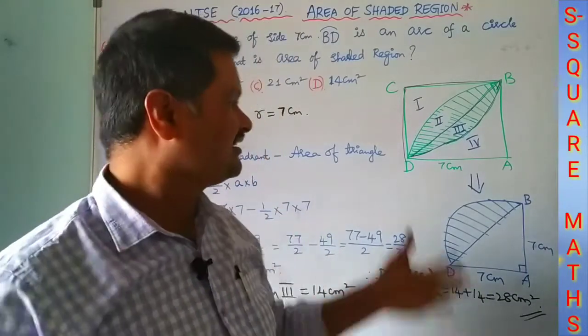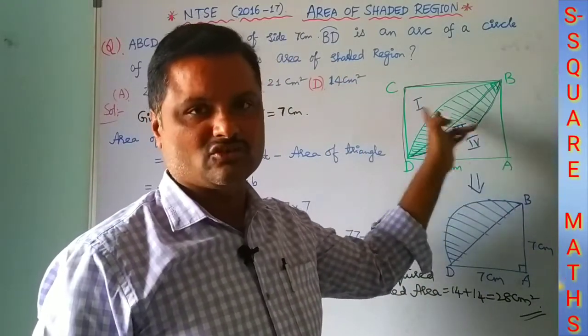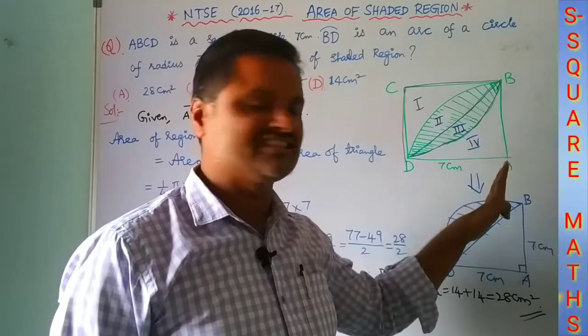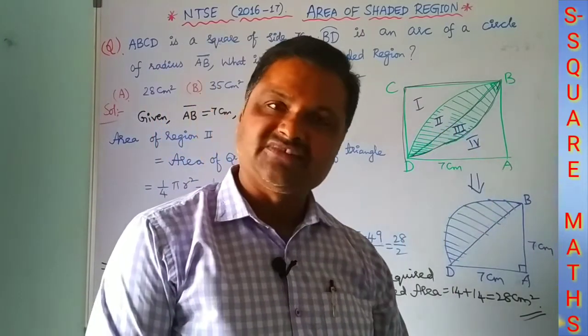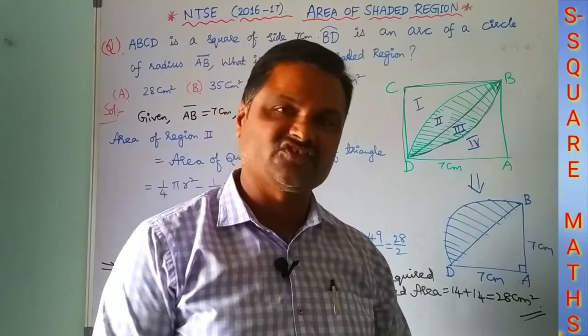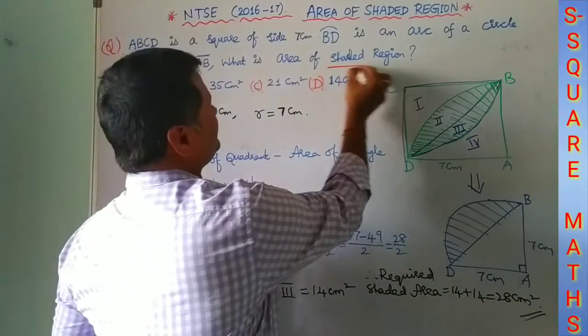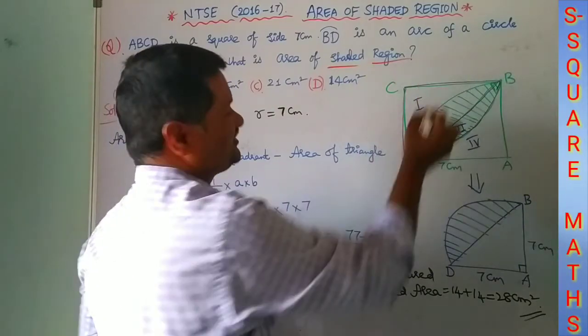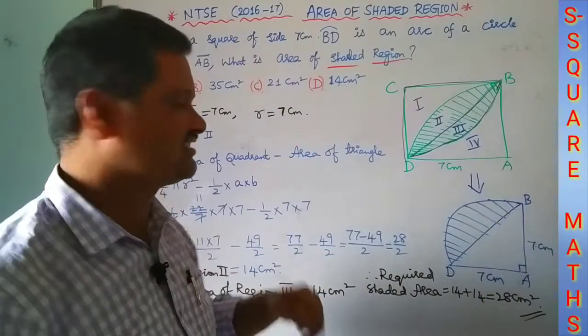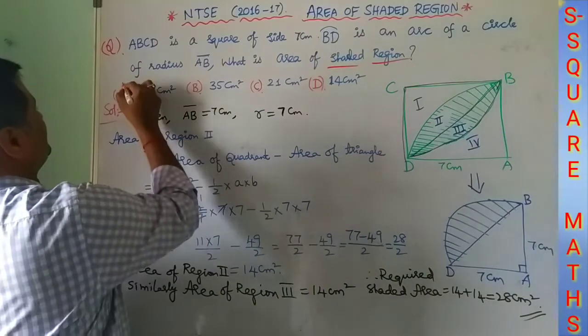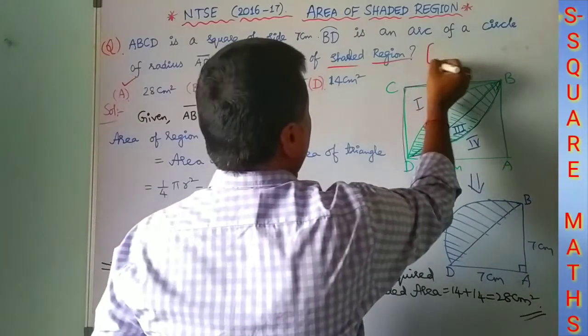Here there are 4 different regions, Roman 1, 2, 3, 4. In this, 2 and 3 stand for the shaded area and 1 and 4 stand for the unshaded area. Our intention is to find the area of the shaded region. So for 2 and 3, finally we got 28 centimeter square, which is nothing but our option A.